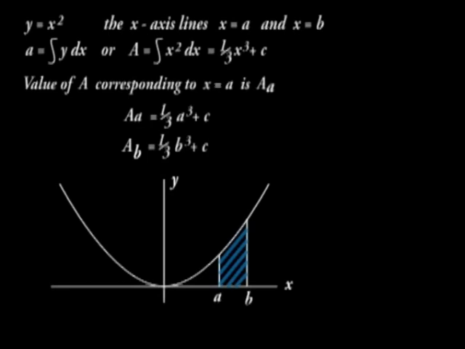Thus, the area between x is equal to a and x is equal to b is given by area B minus area A, which is equal to a third b cubed plus c minus a third a cubed plus c.